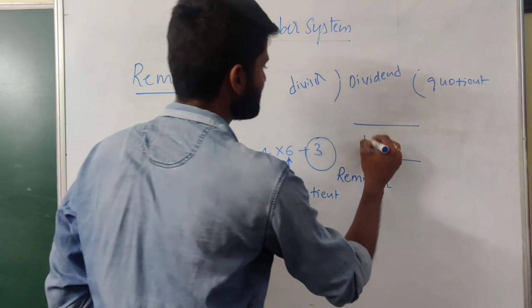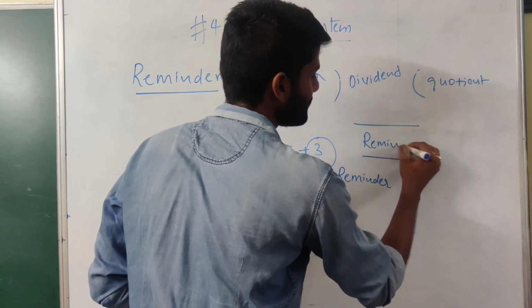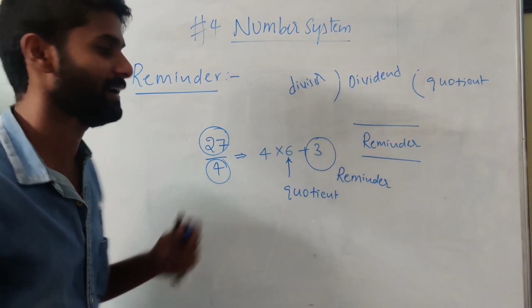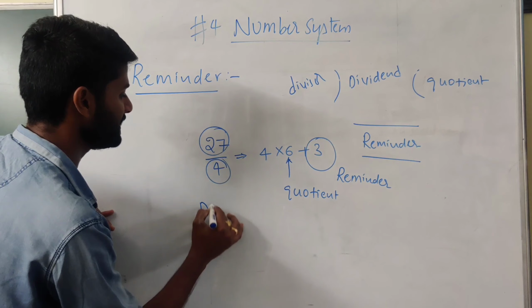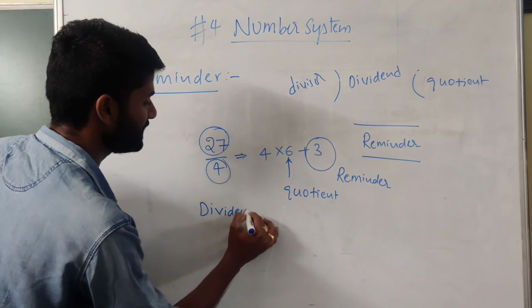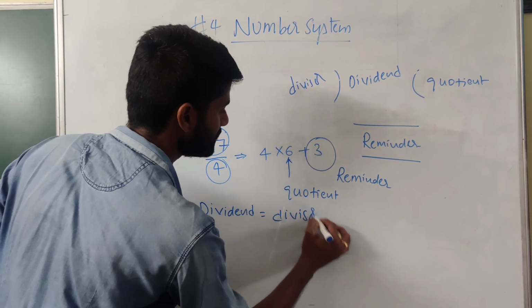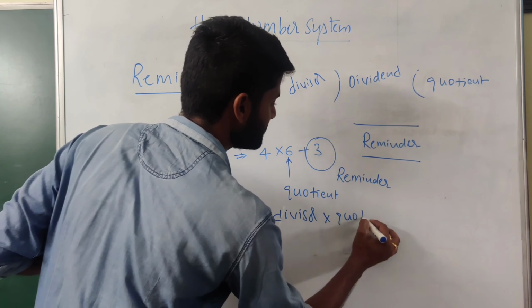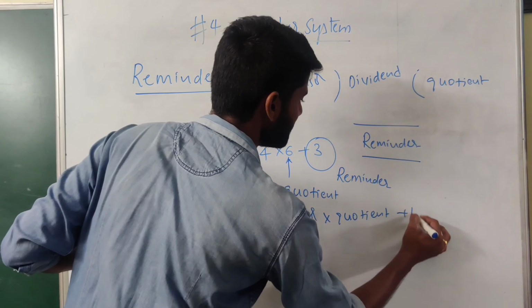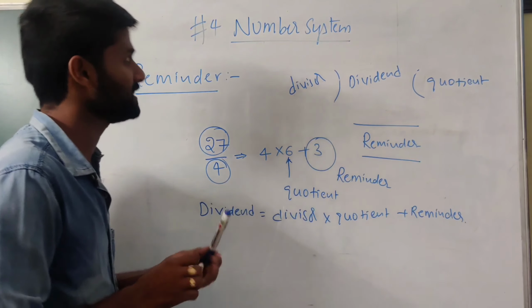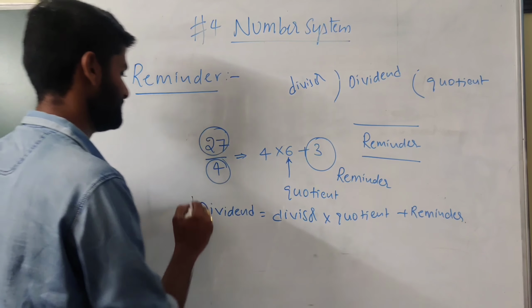And the value left over is called the remainder. These are the terminologies we use in the concept of remainder. That's why dividend is exactly equal to divisor into quotient plus remainder. See, this is the formula.